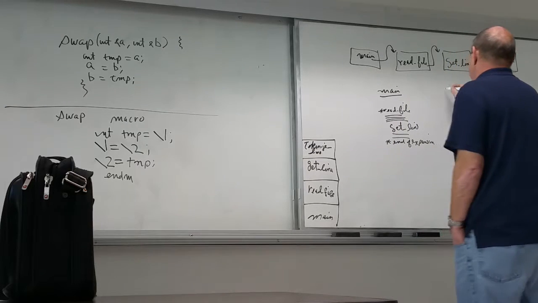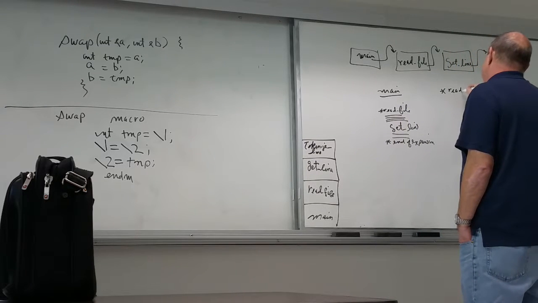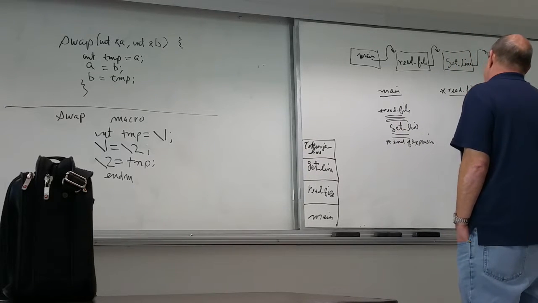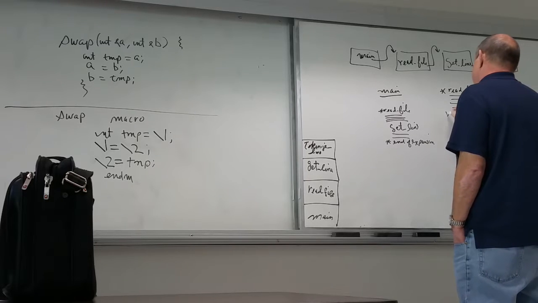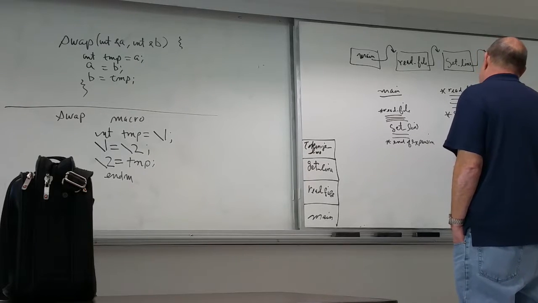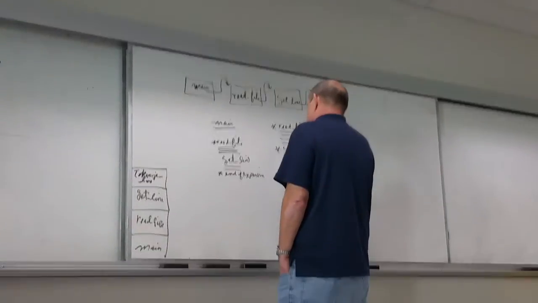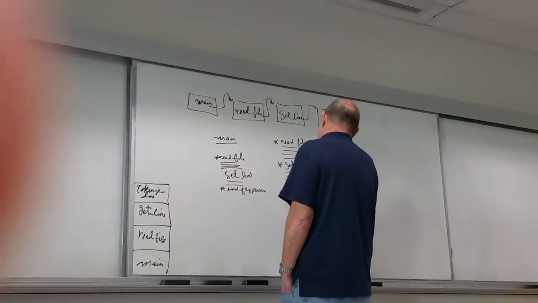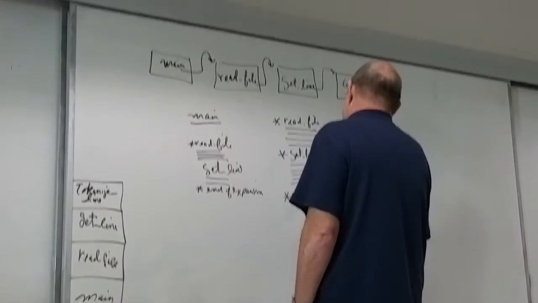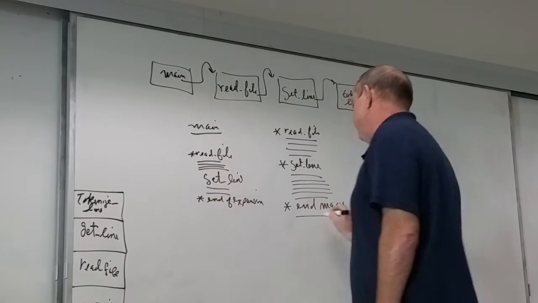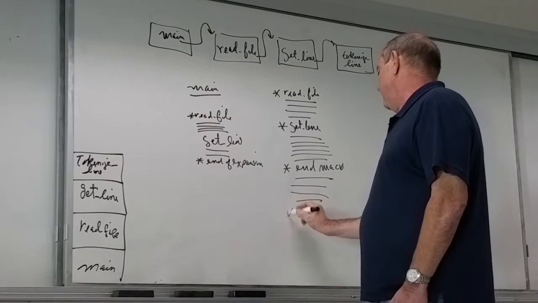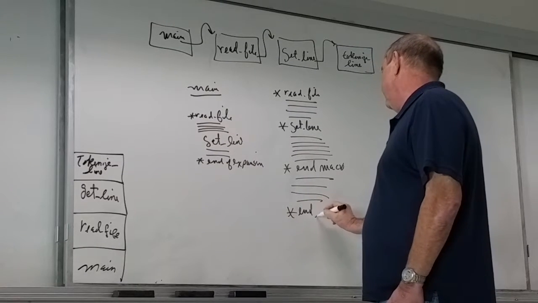I could. So I've got read file, bunch of lines, and now I have get line, commented out, bunch of lines, end macro, but I'm still in this macro, end macro.